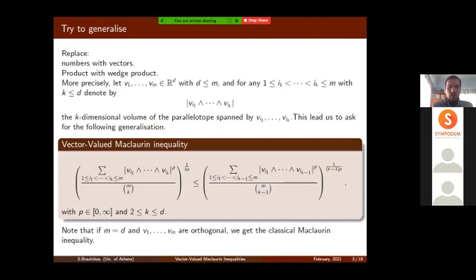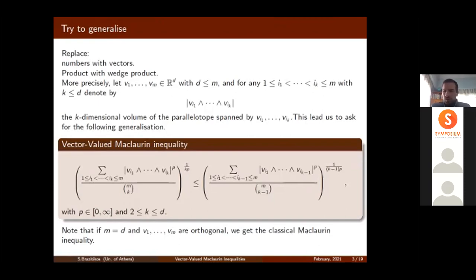In the case of numbers, this doesn't change the quantity at all if you put the numbers to the power p, but now for different p we have different inequalities.